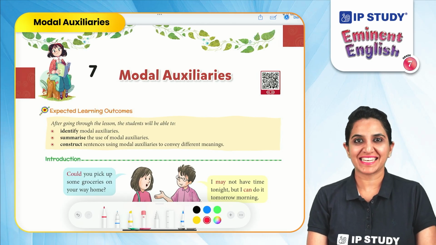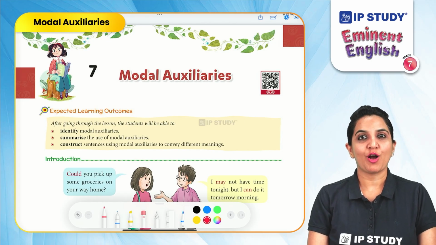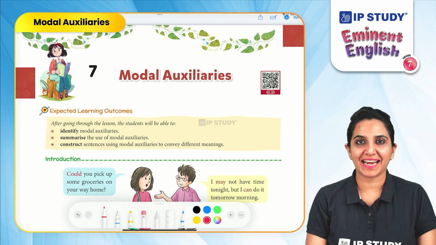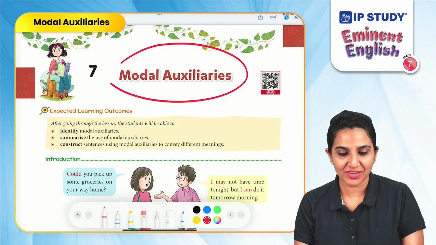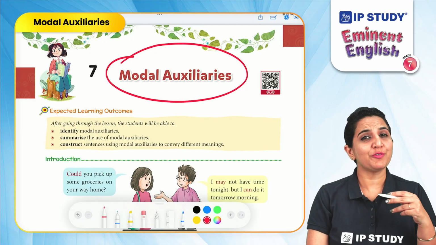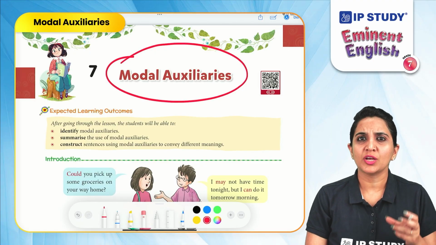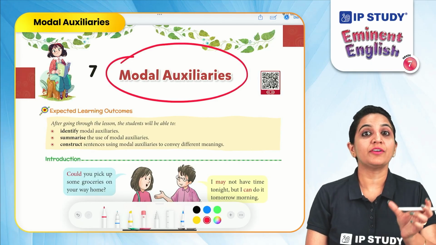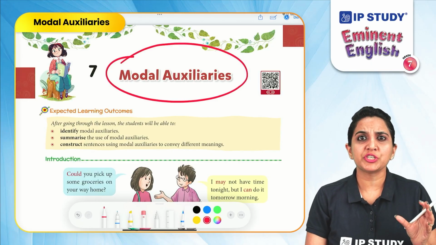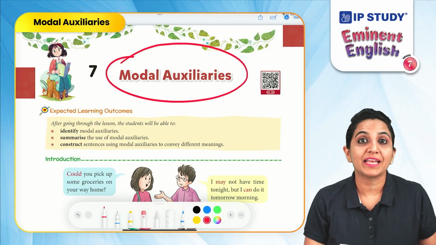Today we will discuss the 7th chapter of Grade 7 English Grammar and we will explore the topic Modal Auxiliaries. Before we go further, let's understand what modal auxiliaries are. Well, these are special verbs which add meaning to the main verbs.